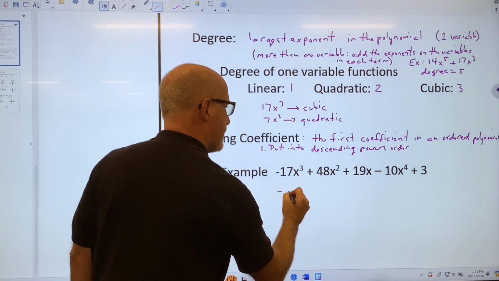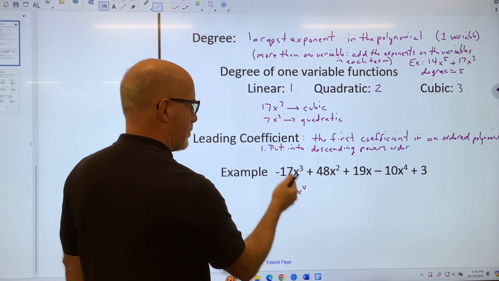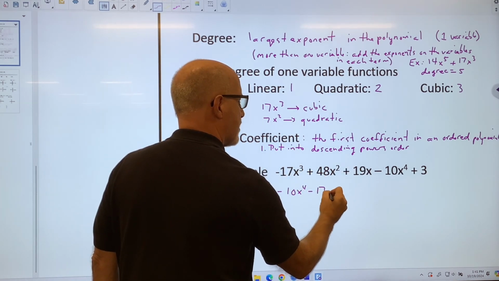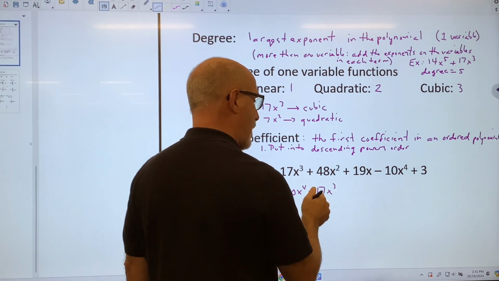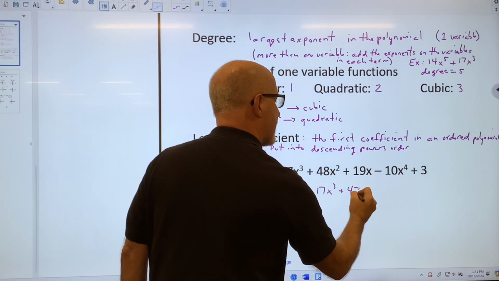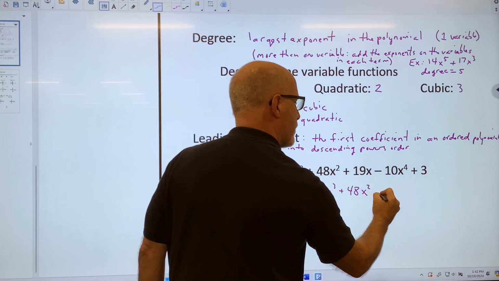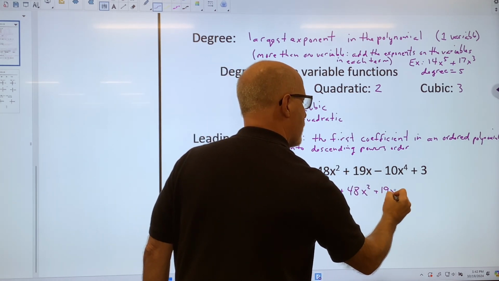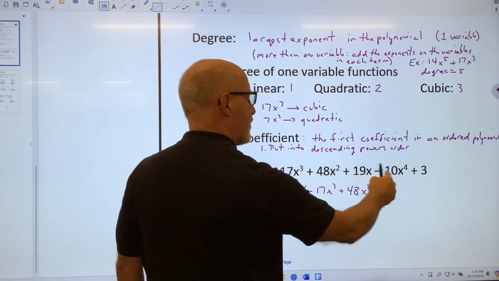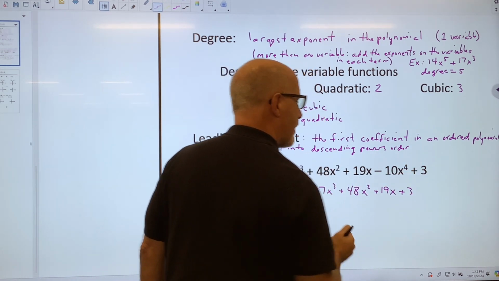So I'm going to put negative 10x to the fourth. What comes next? Well, this one's next because it's got the next largest power. The 48, the quadratic term, comes next because it has an x squared. The linear term, the one with just an x on it, comes next. And then I look for the one that doesn't have any variable on it, the constant, and I put that last.